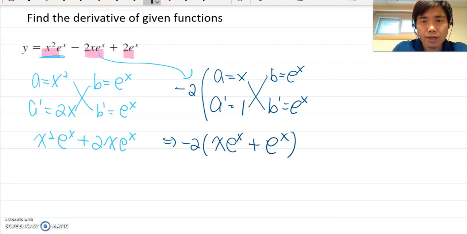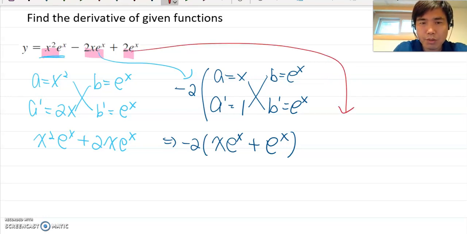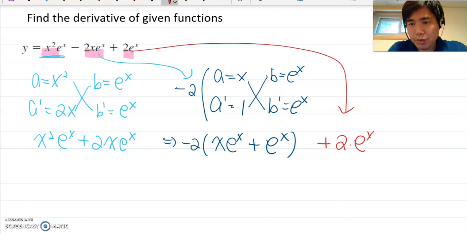And then the last term, this one here, will be plus 2 times e to the x. Okay, as we know, the derivative of e to the x is e to the x, so I just keep it as is, and then now I can combine them all together.